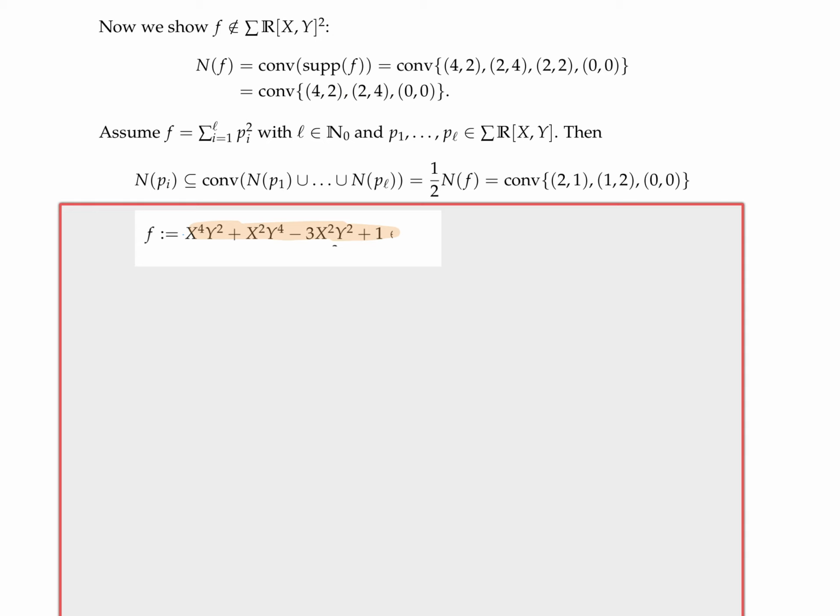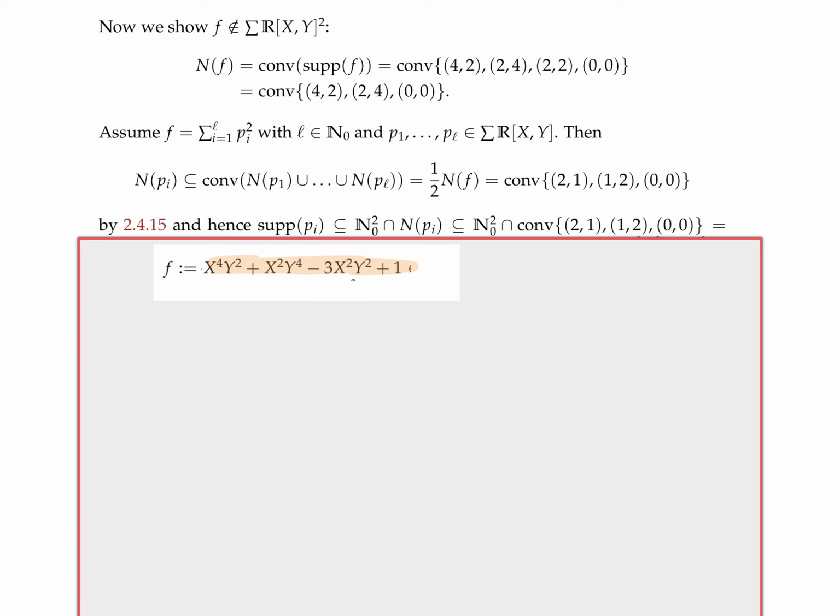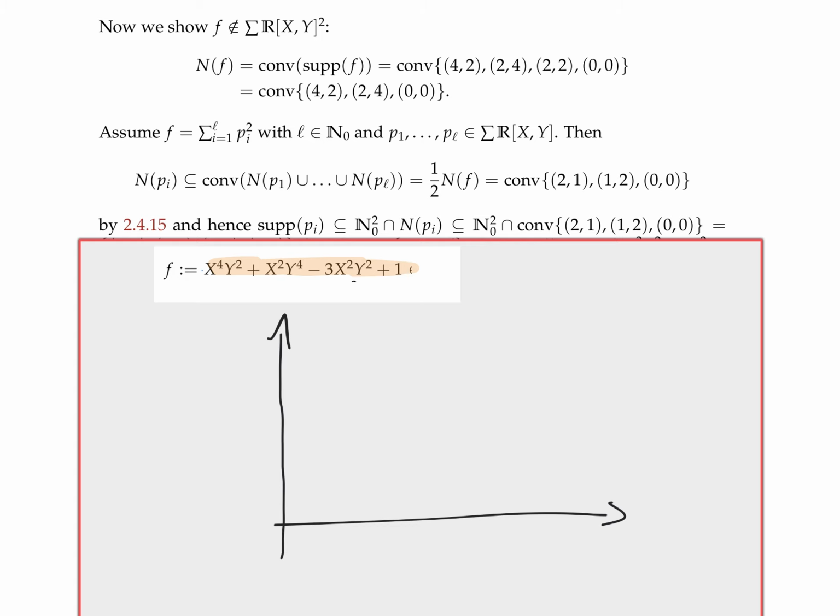And so let's make a picture maybe, right? So first maybe let's really make a picture from the start. 1, 2, 3, 4, right? So what is the support of f? So of the Motzkin polynomial.